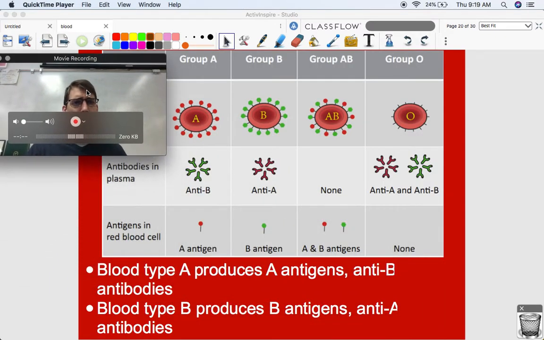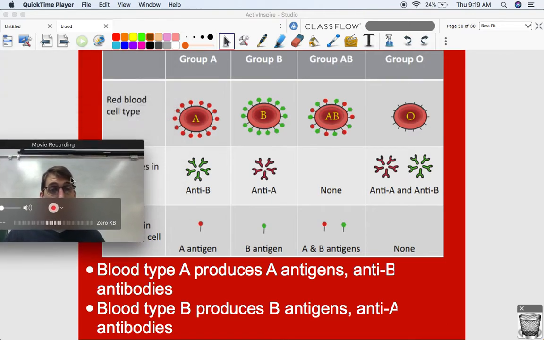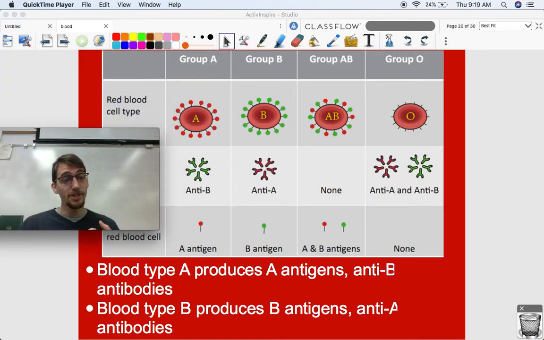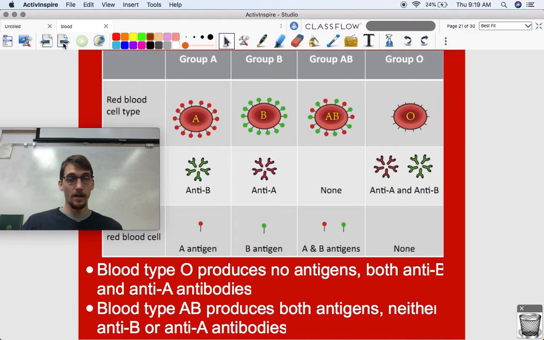So here's a summation of our 4 blood types. Blood type A produces A antigens and anti-B antibodies, as we can see in this table. Blood type B produces B antigens, as you can see from the picture, and anti-A antibodies, like me. And then blood type O produces neither antigen, as we talked about before, and as a result, it produces both anti-A and anti-B antibodies.